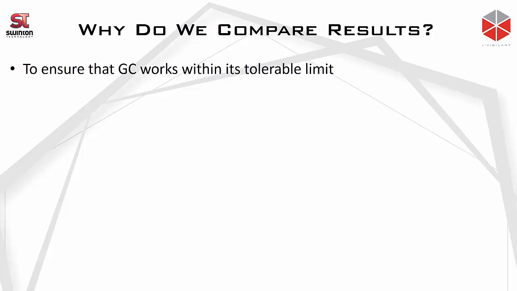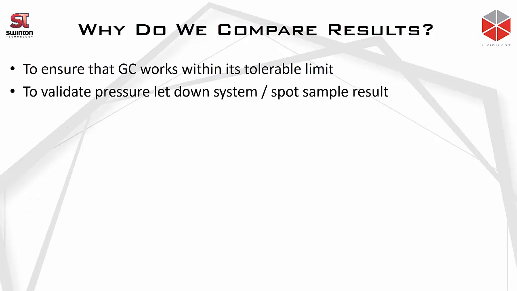First, we compare the data to ensure that the GC works within its tolerable limit. And then we compare the result also to validate the pressure letdown system or the spot sample result by comparing the spot sample result against the GC data.